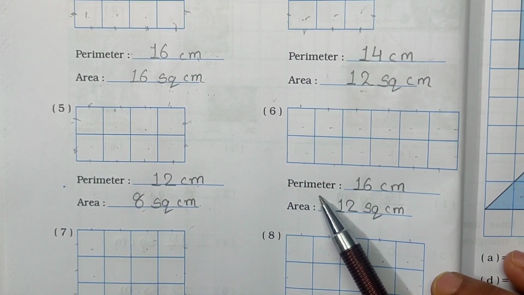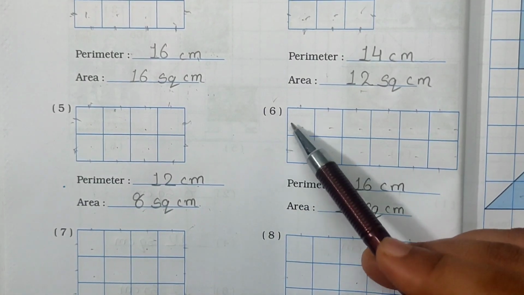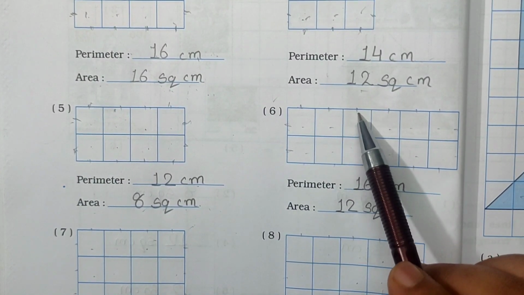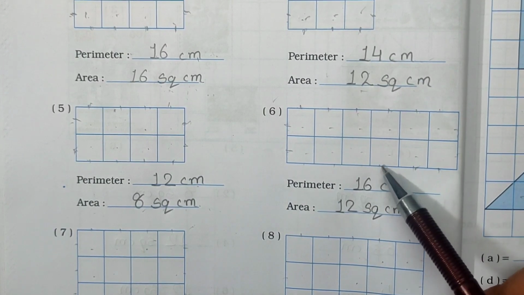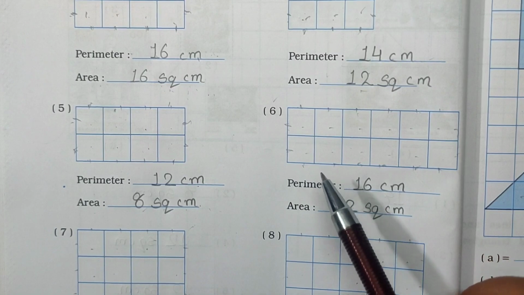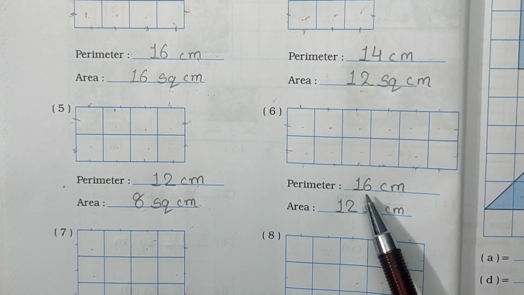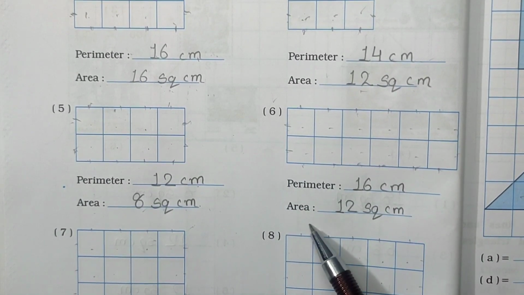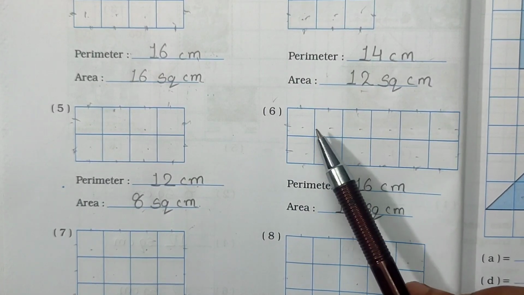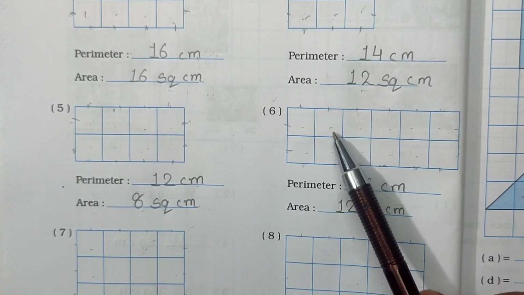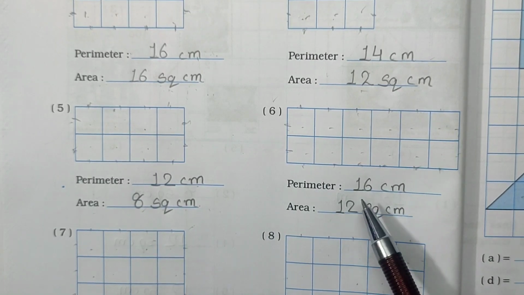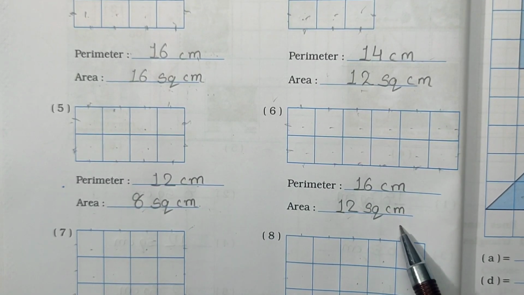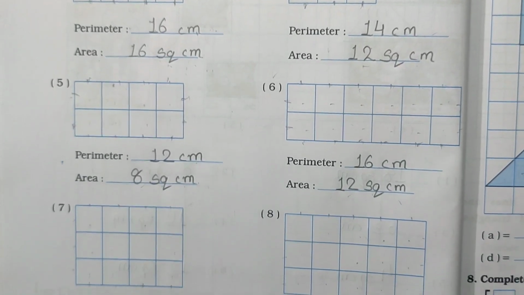Again perimeter, outside measurement 1 to 16. So 16 centimeter. Now area, inside measurement 1 to 12. So 12 square centimeter.